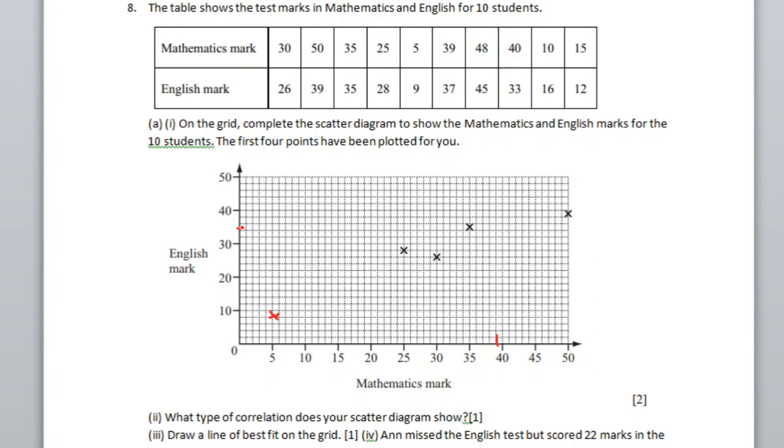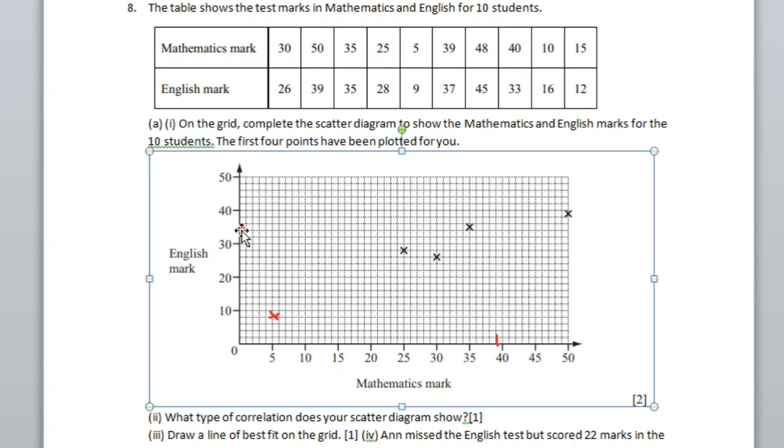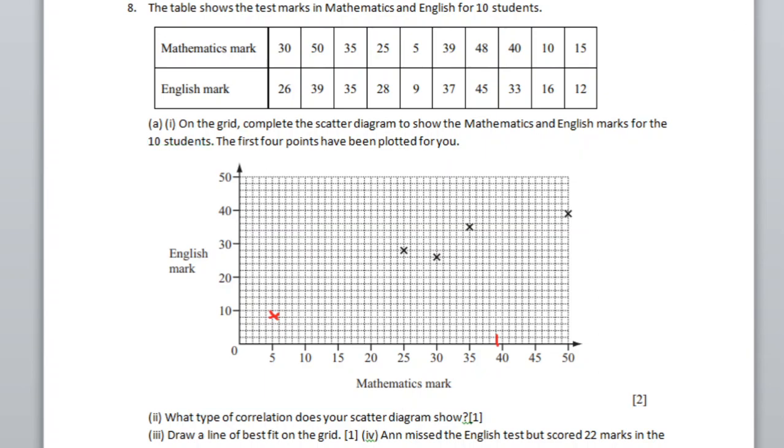No, we need 37, so 39 comma 37, so it will be a little above this 37, so 2, 4, 6 and 7 will be here in between these two lines, so roughly somewhere over here. Now let's make that cross here.